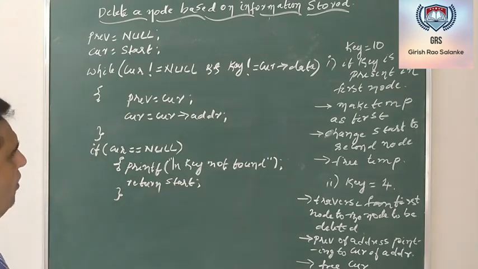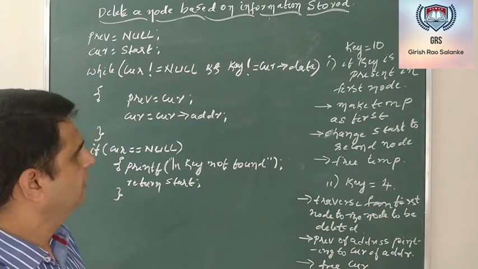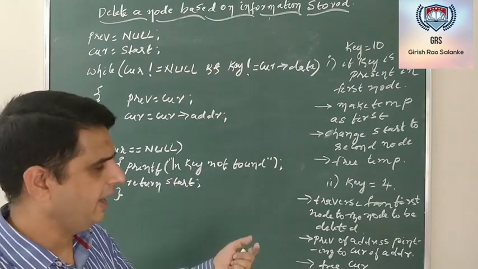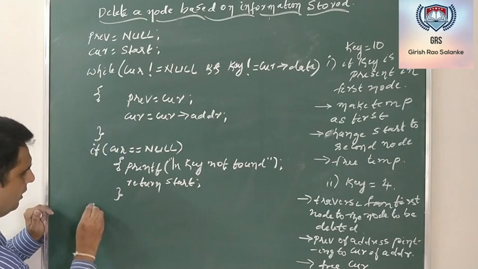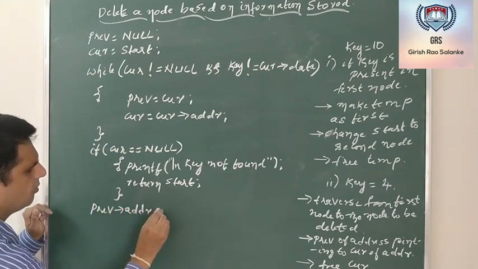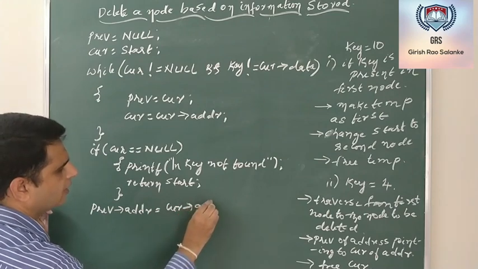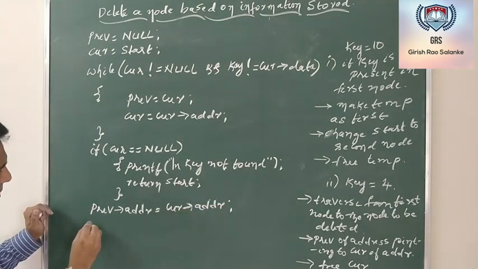If this condition is false, then I know that the node to be deleted will be current, and the node behind that current is the previous. The only thing that I have to make is previous of address pointing to current of address. That's the only change that I am supposed to make.